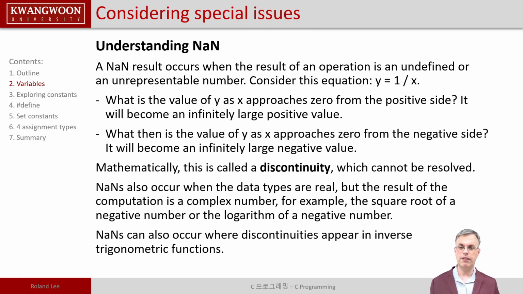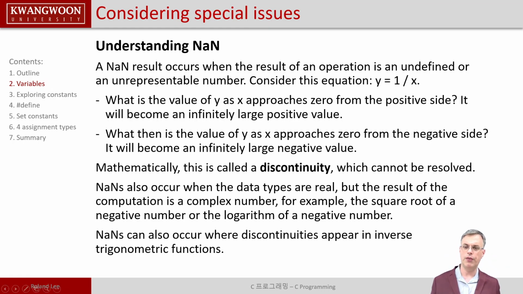Mathematically, this is called a discontinuity, which cannot be resolved. As we approach 0 from either direction, the result is a value that will be infinitely different when we approach from one direction or the other direction, and therefore division by 0 is mathematically undefined. In the computer, the result is going to be NaN.